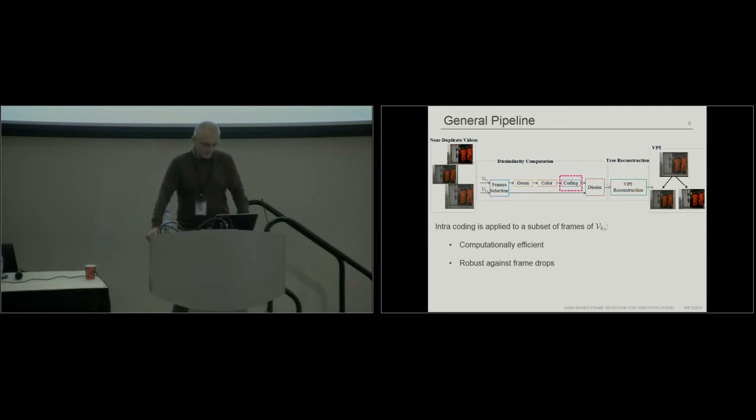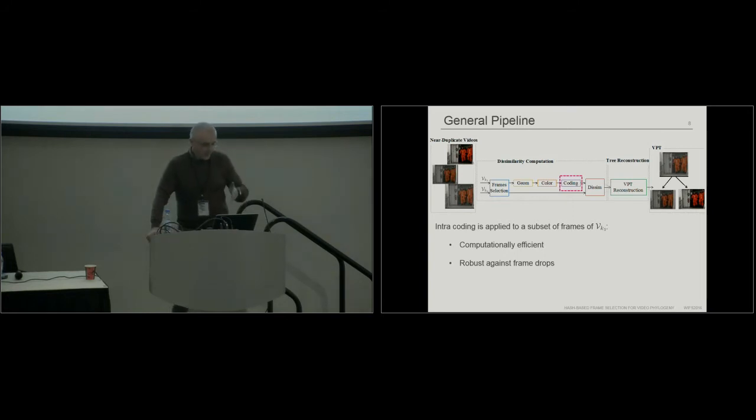Therefore, frames that are coded without referring to other frames in the sequence. And this allows a reduction of the computational load. That is an important thing that must be taken into account in this operation, and it also creates a system that is robust against frame drops.